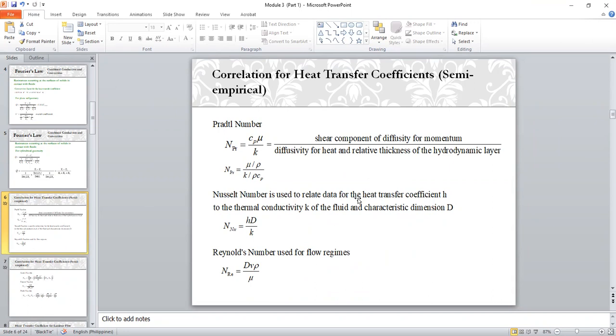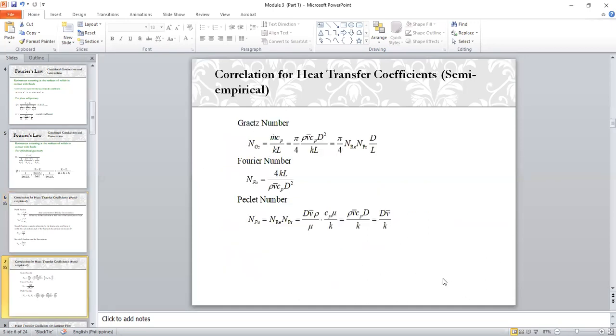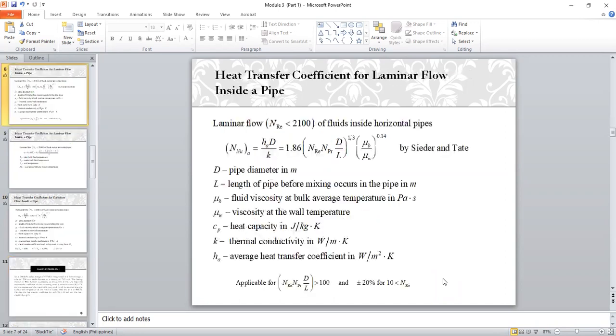So the dimensionless numbers: Prandtl number, Nusselt number, the very important Reynolds number, and the not so common Graetz number, Fourier number, and the Peclet number. All of which are semi-empirical in nature.